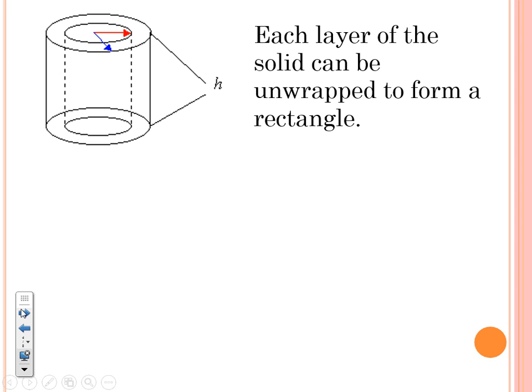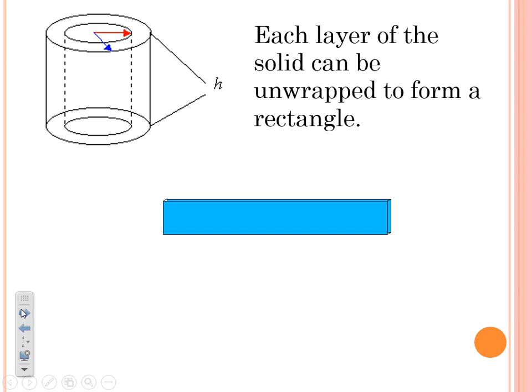So I want you to imagine this shell, and we're going to cut it and lay it out in a rectangle. So I want to find the volume of this sheet, the shell that I cut and laid out.